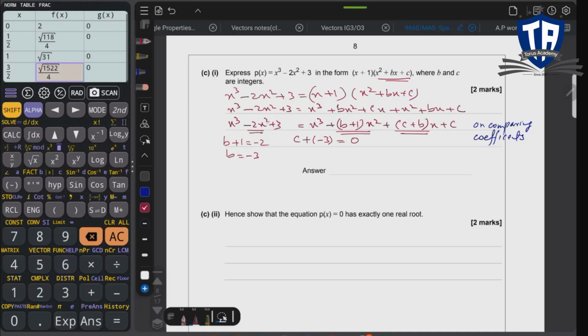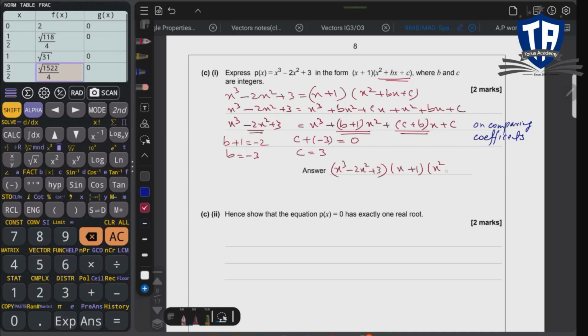So we take it as 0. So the value of c is equal to 3. This is what we need to find. Basically, we need to express the polynomial in this form. Then you can write it as x plus 1 and x squared minus 3x plus 3.